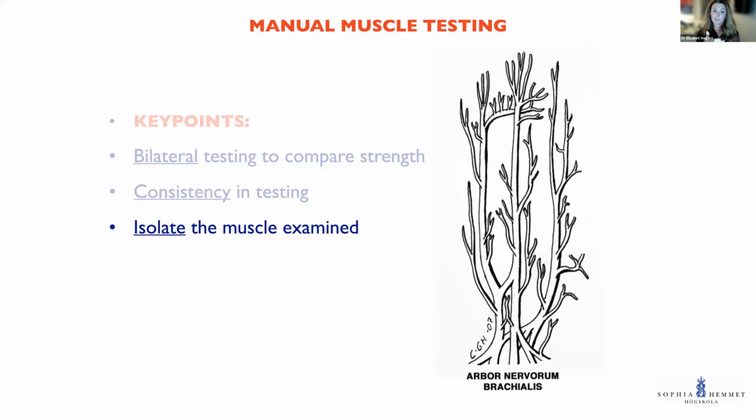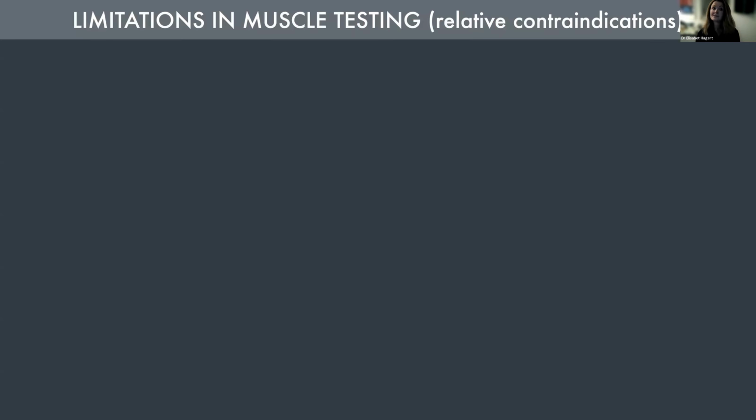Isolate the muscle that you want to be examined, for instance, the IP joint or the FP2. Work the patient. You can't be soft. You really have to push, especially when it comes to the larger muscles, for instance, around the shoulder or the elbow. Testing the biceps in a manual worker, for instance, you really have to push it right in there. And finally, expect nerve conduction studies to be negative.